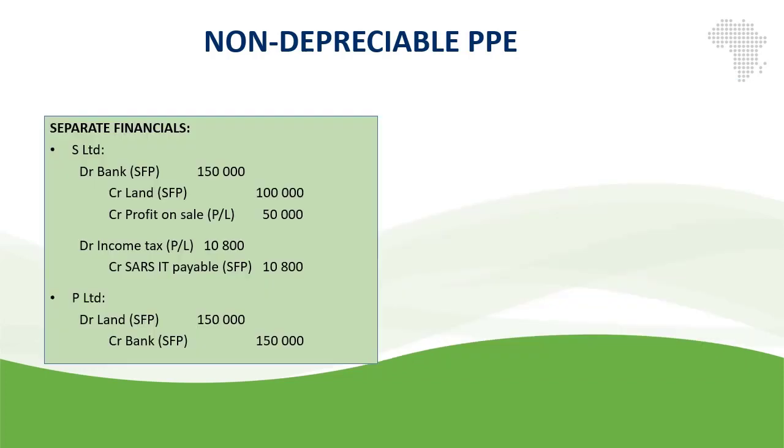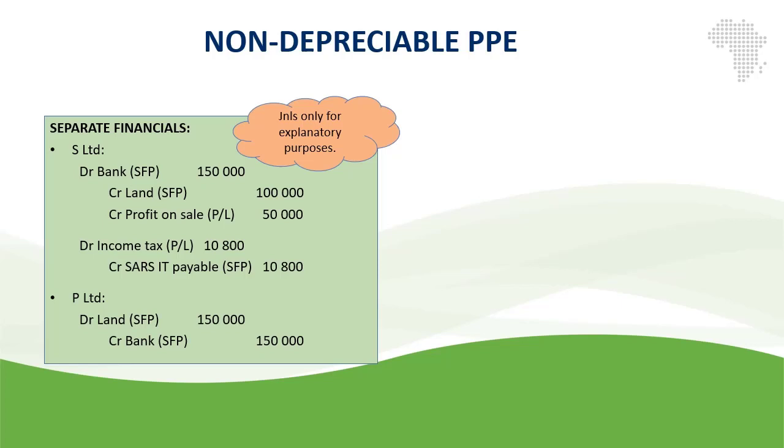So these are the journal entries that were processed in the individual financial statements of S Limited and P Limited. But these are only for explanatory purposes. You are not required to show these journal entries in the exam or in your assignment. You can have them as part of your working, at the back of your mind, because they're not required. You only need to show the pro formas.